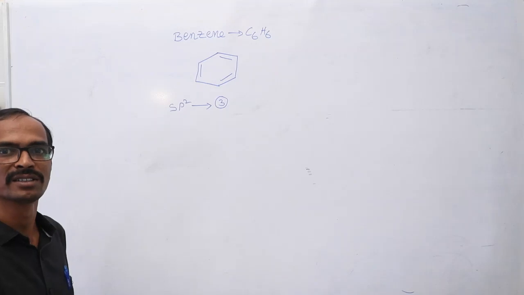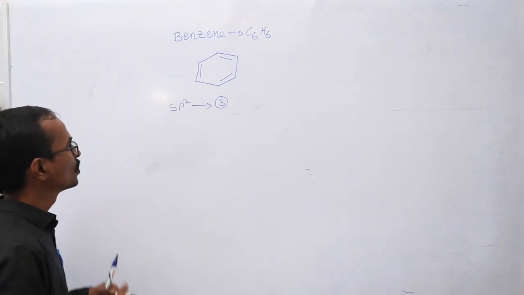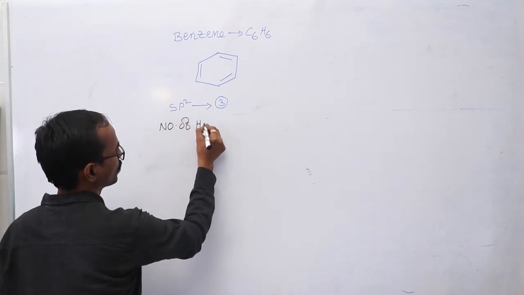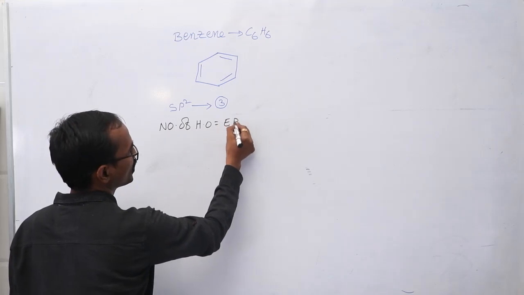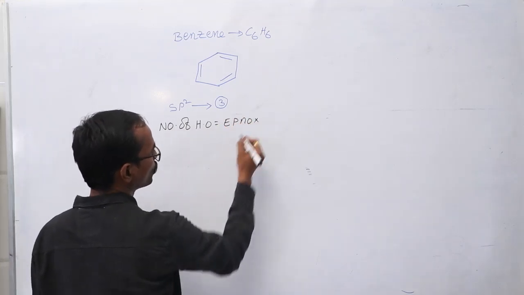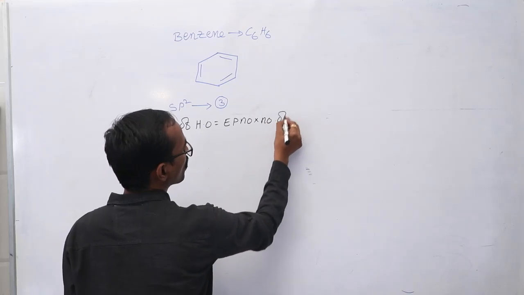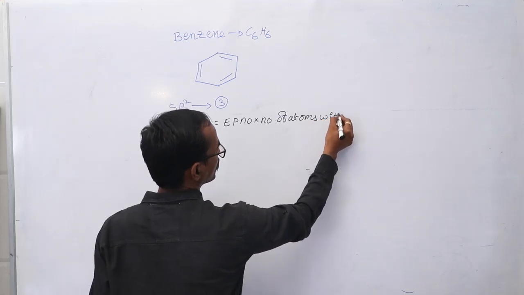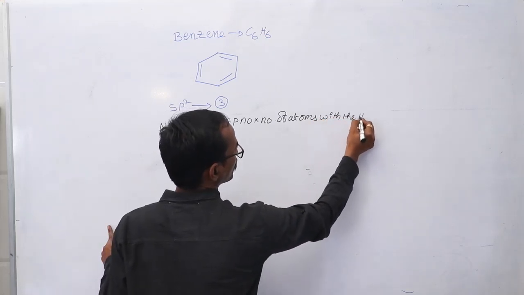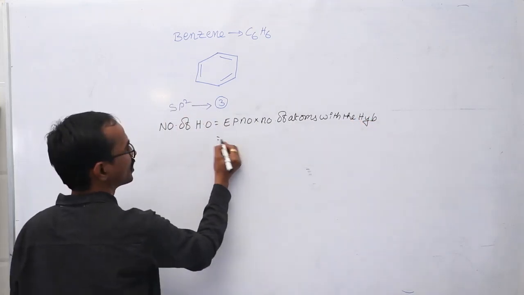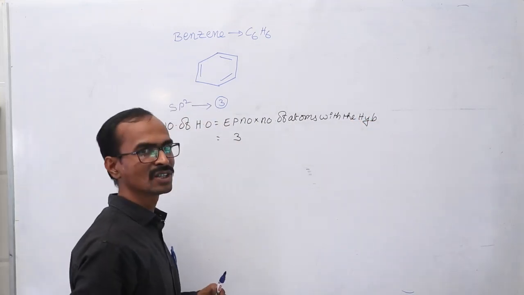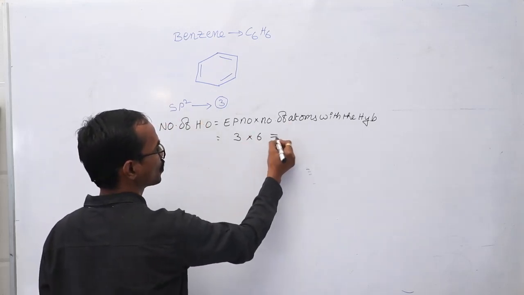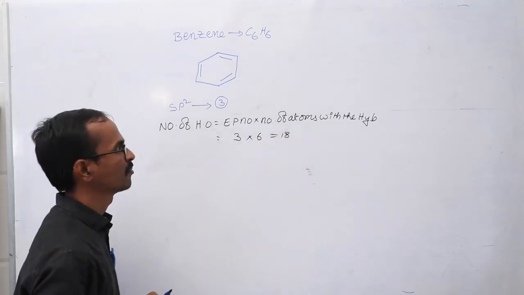We already discussed in the last video that the number of hybrid orbitals is equal to the electron pair number into the number of atoms with that hybridization. Electron pair number for sp2 is 3, into 6 atoms with sp2 hybridization, so you have 18 hybrid orbitals.